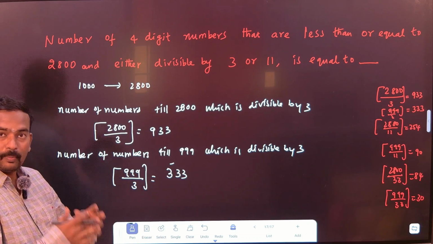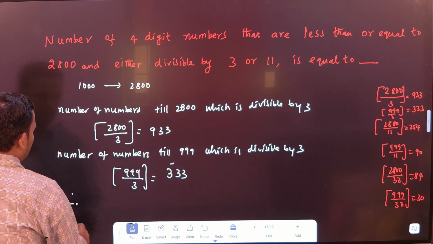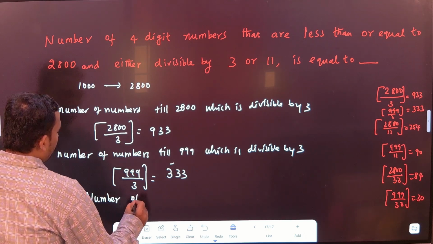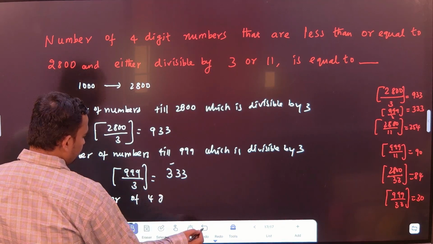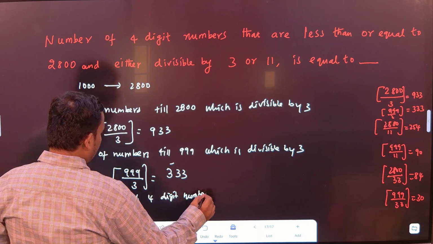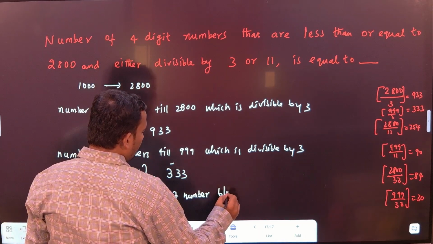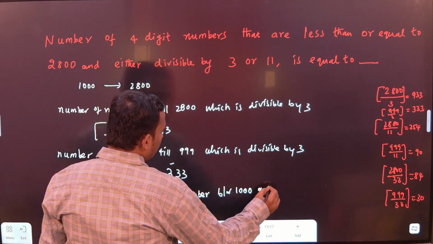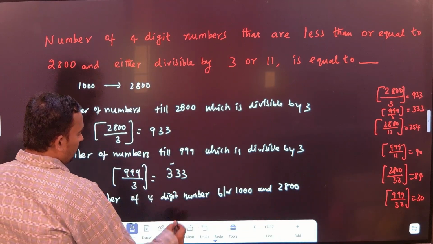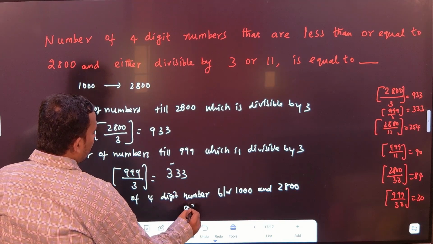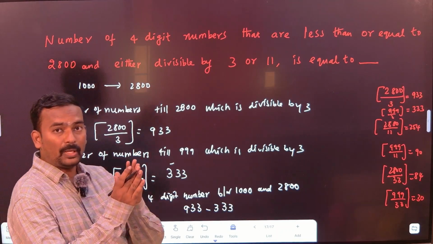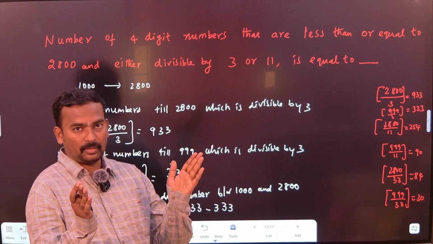So therefore the number of 4-digit numbers between 1000 and 2800, how many numbers are possible here? 933 minus 333, because we need only the 4-digit numbers, right?